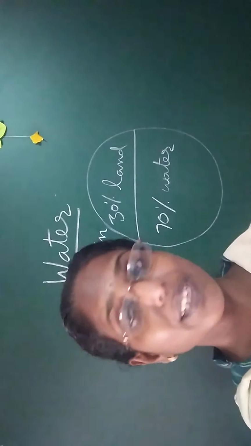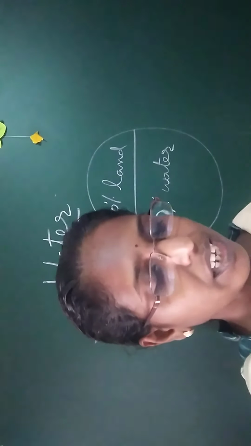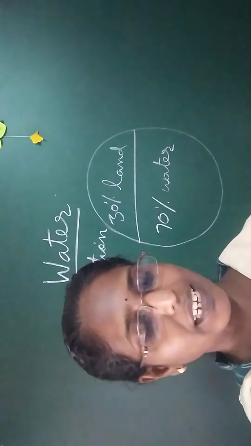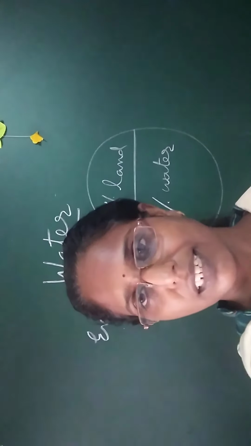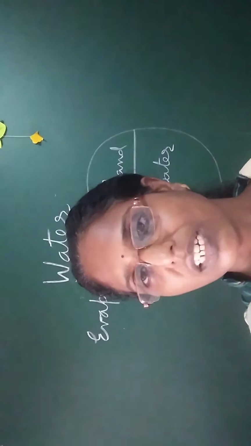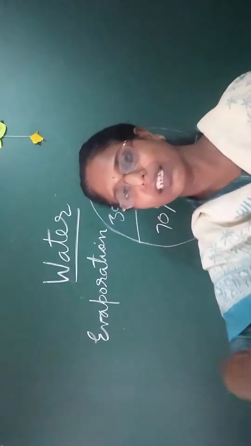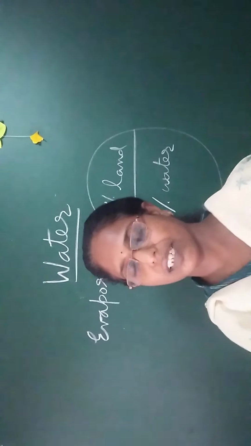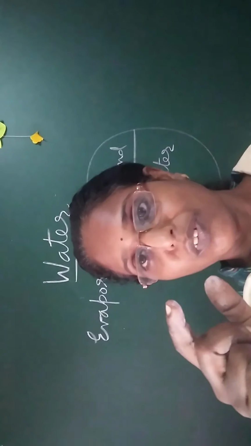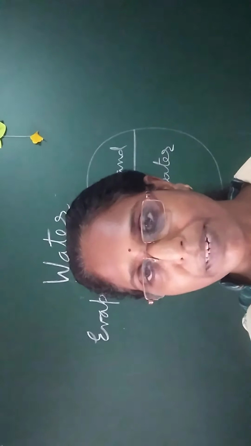If the weather is windy, if the air is dry, if the temperature is high, or the exposed surface of water is large. In the ocean, the surface of water is large, so it increases the rate of evaporation, making the evaporation faster.